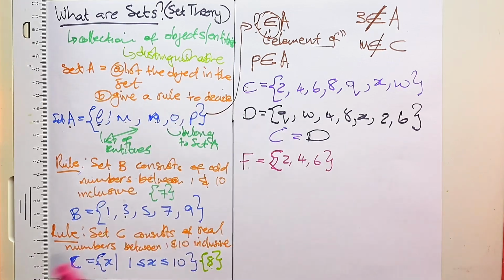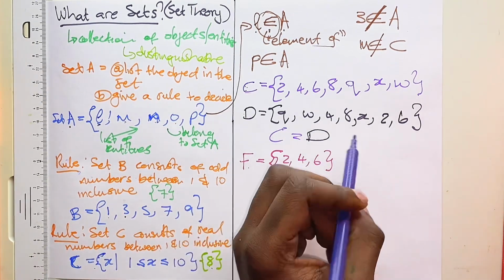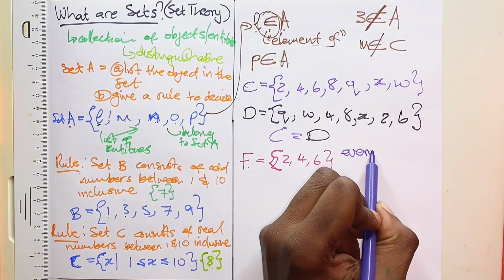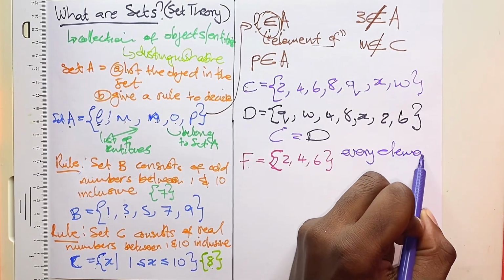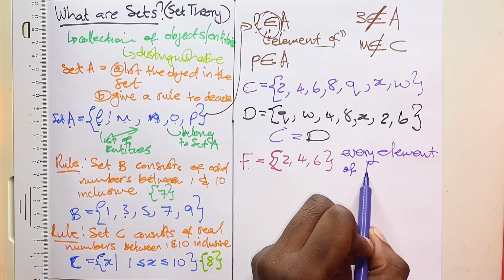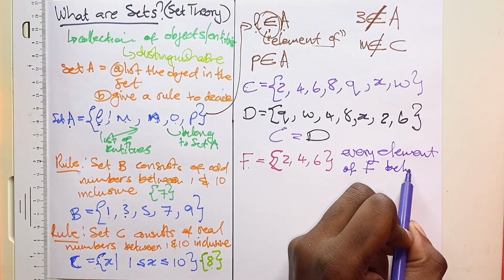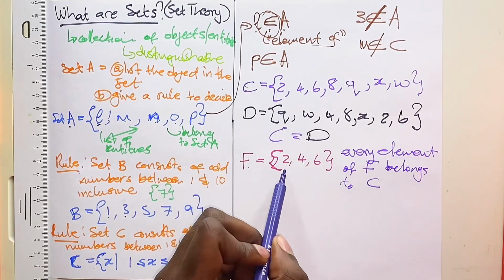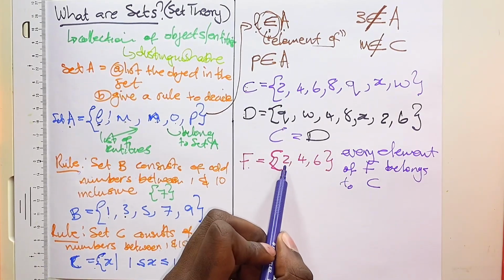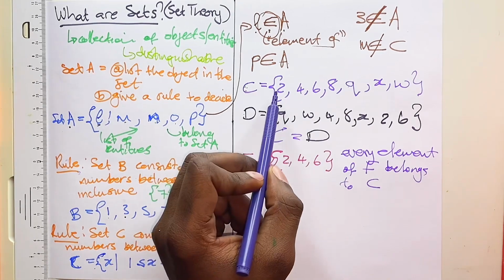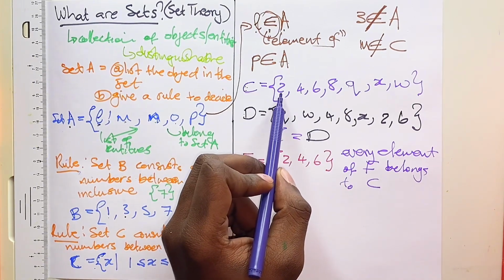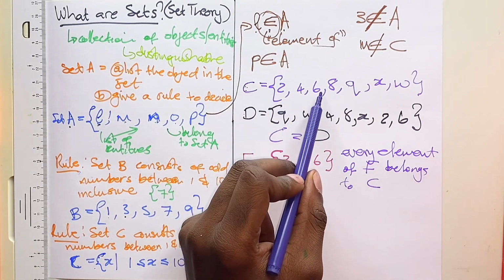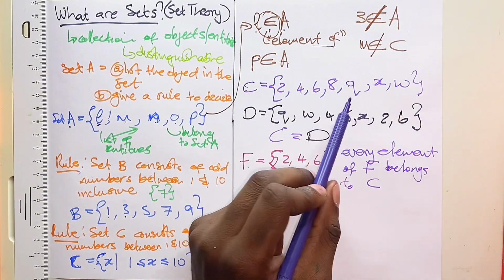But what we want to take notice of here is that every element of F belongs to C. So all of the elements in F, 2, 4, 6, are in set C. We have 2, 4, 6 in C. We just have more elements in that set.